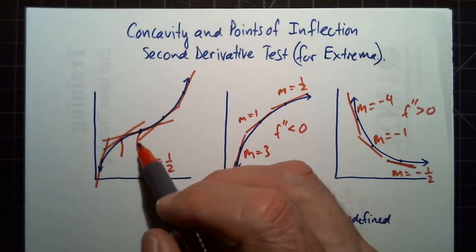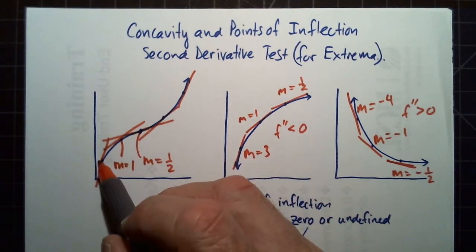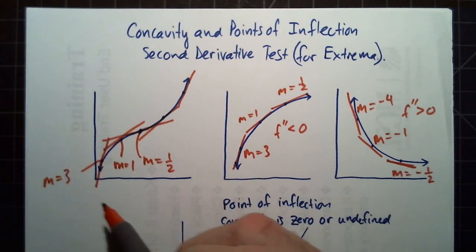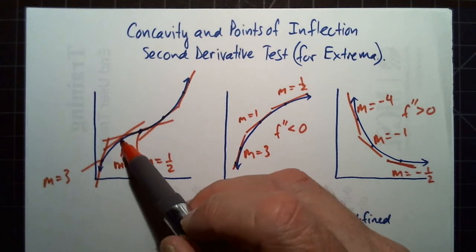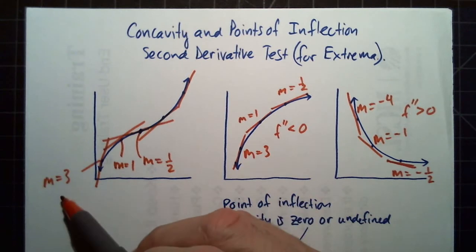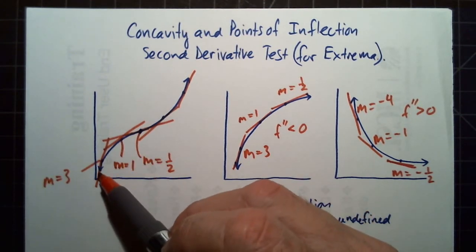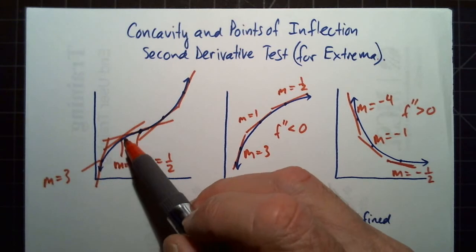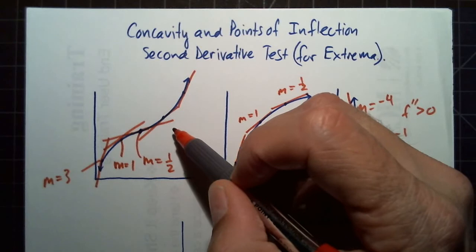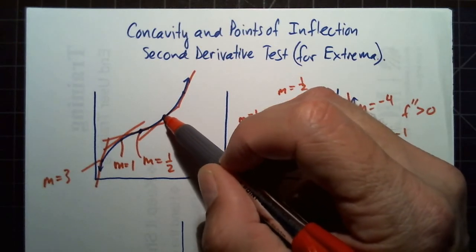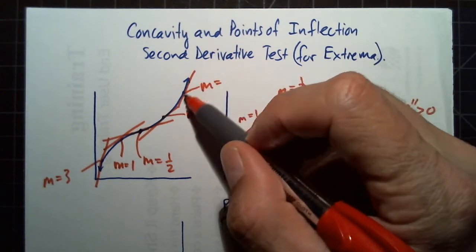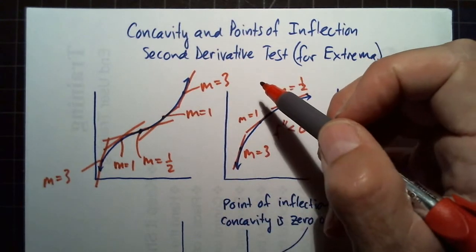This tangent line maybe has a slope of 1, and this tangent line has a slope of, let's say, 3. So on this part of the graph, before we get to that point, the slope is going from 3 to 1 to 1/2. The slope is decreasing, and we can tell the curvature is negative. It's curving down, and then over here it's curving up. If this is a slope of 1/2, then maybe that's a slope of 1, and there's a slope of 3, I'm estimating.